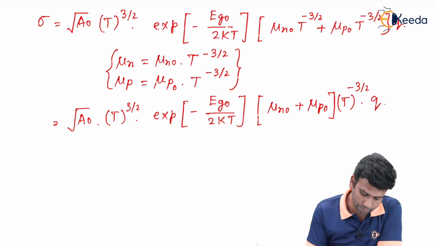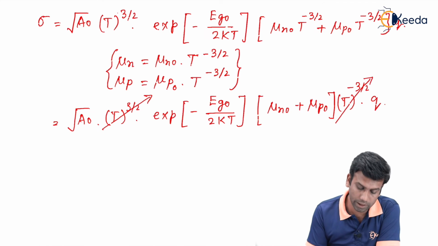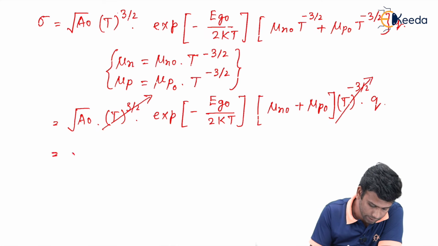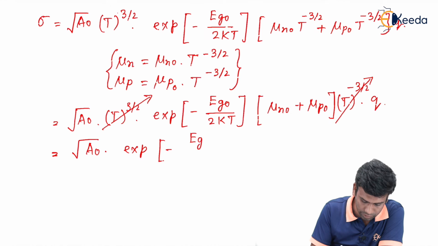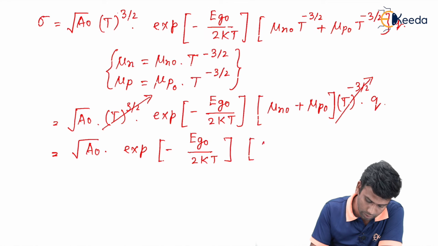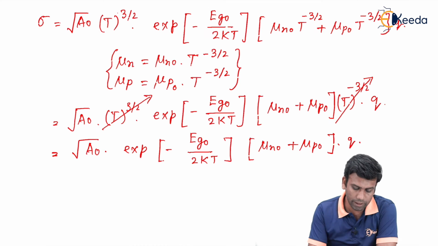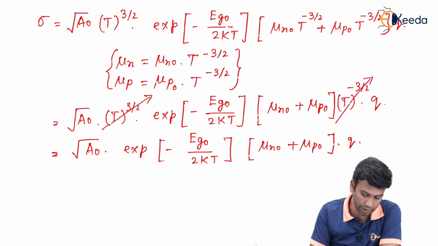So this T to the power minus 3 by 2 will cancel with this T to the power plus 3 by 2, so the T terms will cancel. We will get root over A0, exponential minus Eg0 divided by 2kT, into (mu n0 plus mu p0) into q. So this is the conductivity equation for this material.